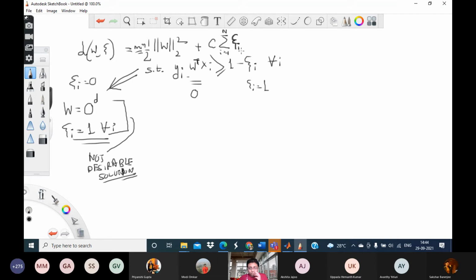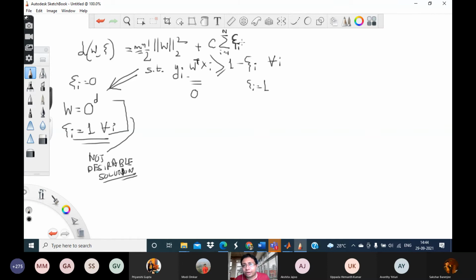Now, what is the logic of doing this? The logic is just trying to ensure that we do not have large xi's. Of course, we are not trying to say that the number of non-zero xi's has to be minimized. What I am saying is that the sum of the xi's will have to be minimized.